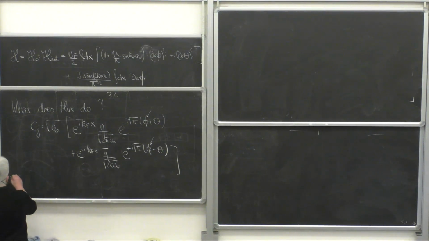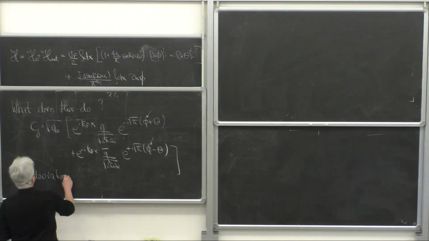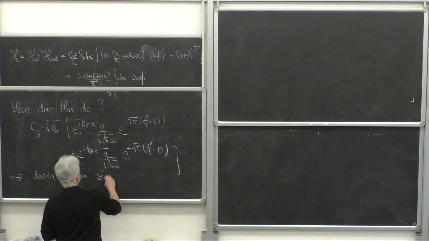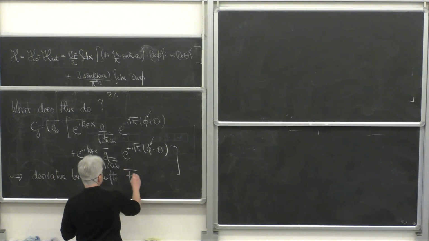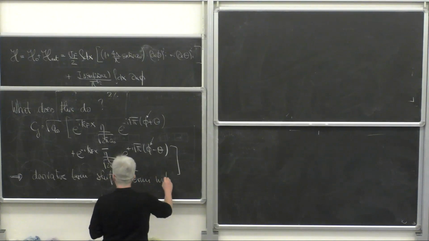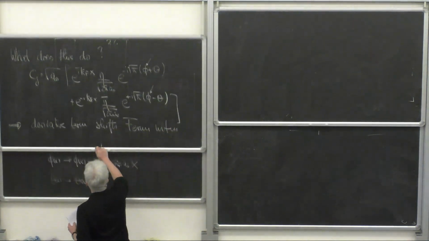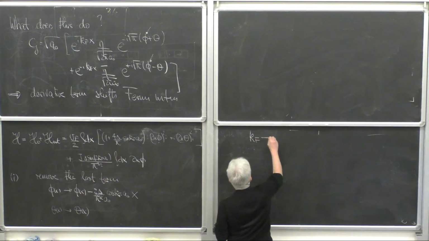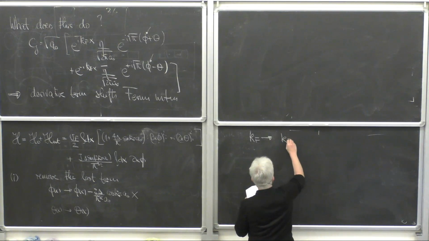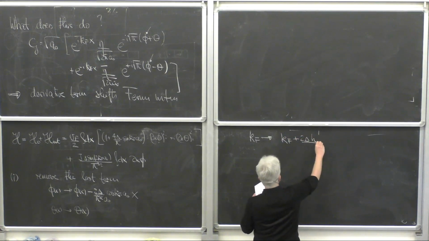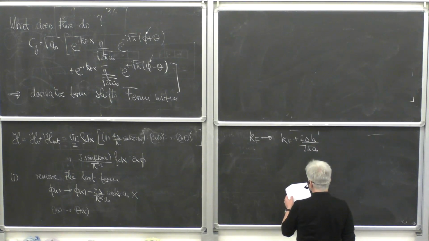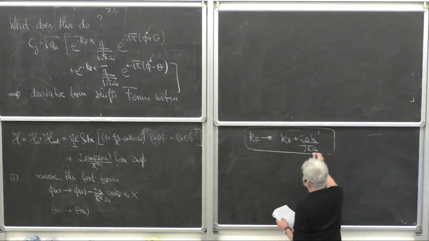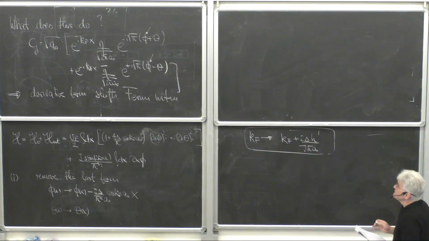So the extra derivative term shifts the Fermi momentum: kf gets shifted to kf plus 2 delta h divided by j pi a naught. So something like this, some shift.